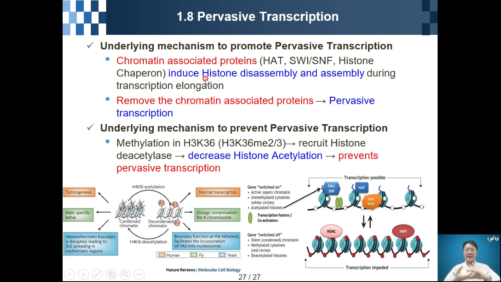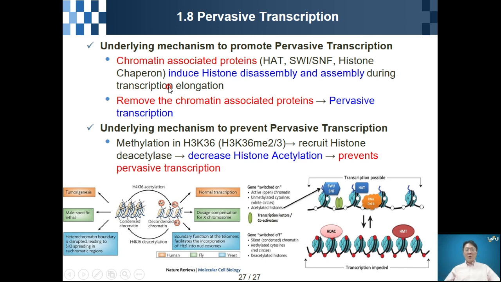So they can lose the histone, and they can also do the assembly, so that the chromatin can be packed, during transcription elongation.